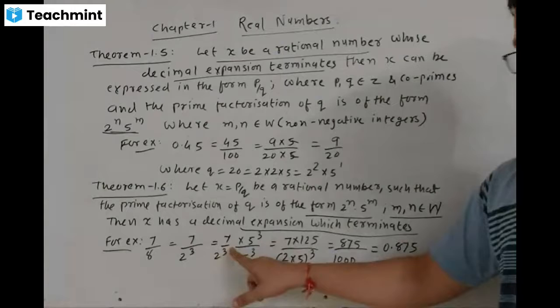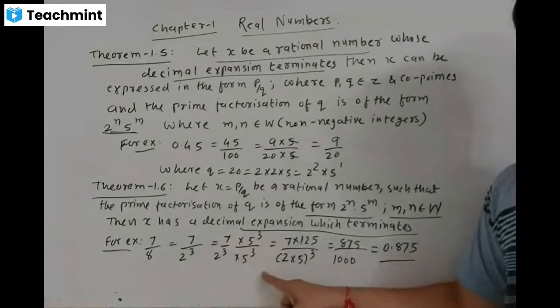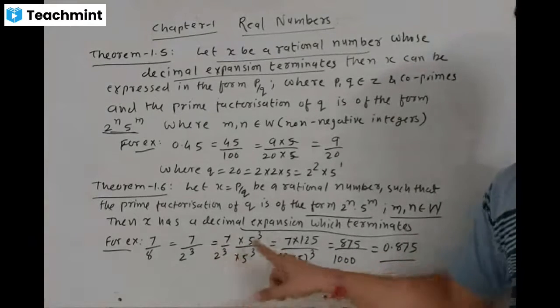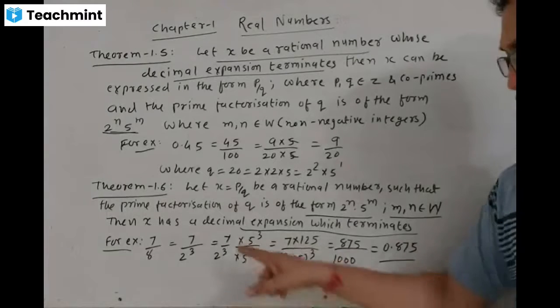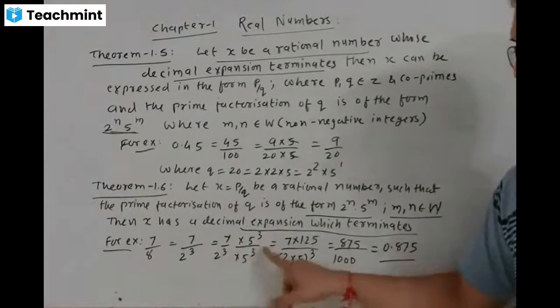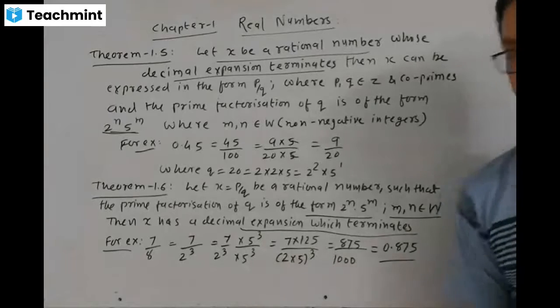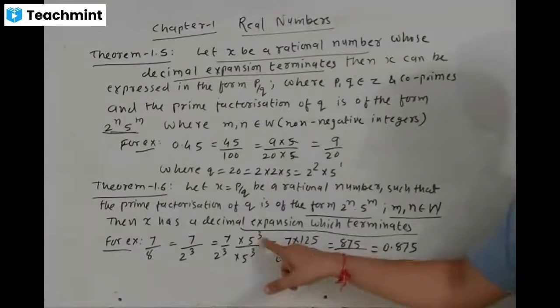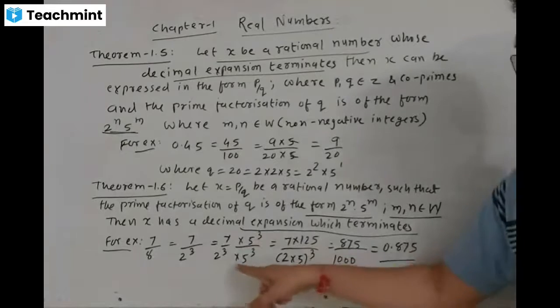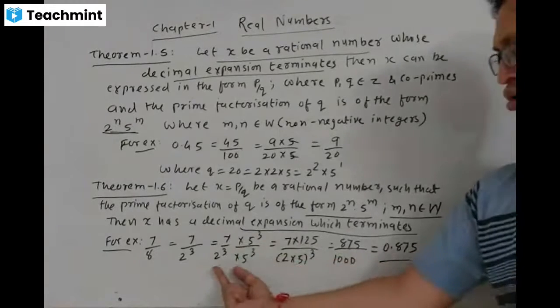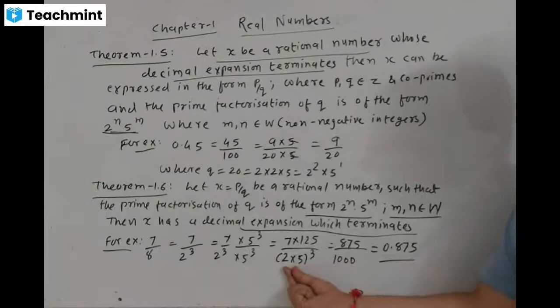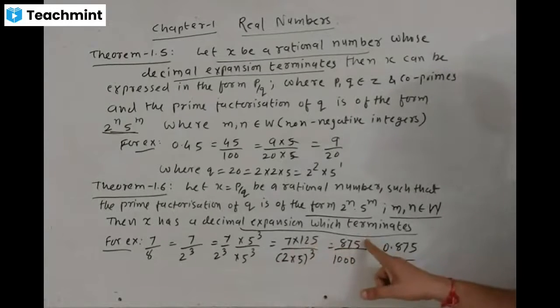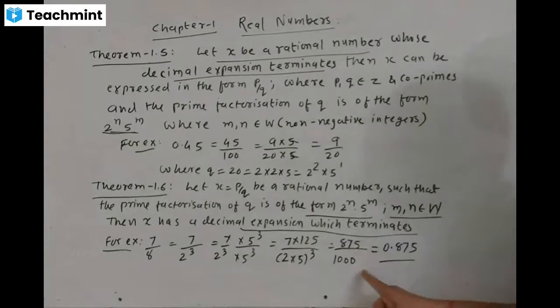We multiply 5 raised to power 3 in numerator and denominator both, 7 as it is. 5 raised to 3 means 125, and bases are different, exponents are same, so the product of their bases 2 into 5 is 10, 10 raised to power 3, that is 1000, 125 into 7 is 875. 875 divided by 1000, and its decimal expansion is 0.875, and the number is terminating.